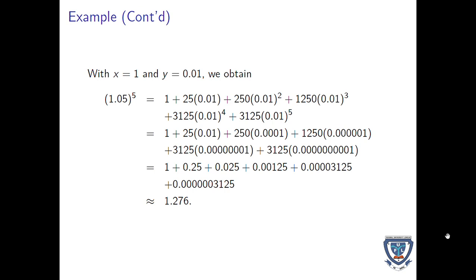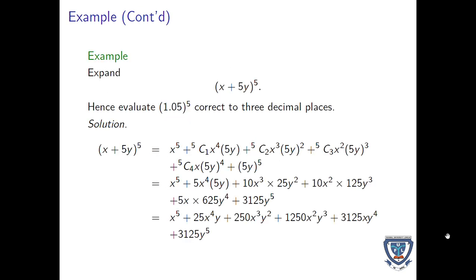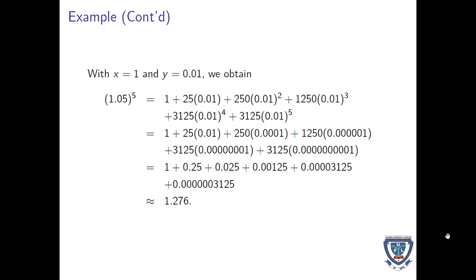Anywhere I see y, I replace it with 0.1. And when you do the simplification properly, it will be approximated to 1.276. And I think that is the final answer.